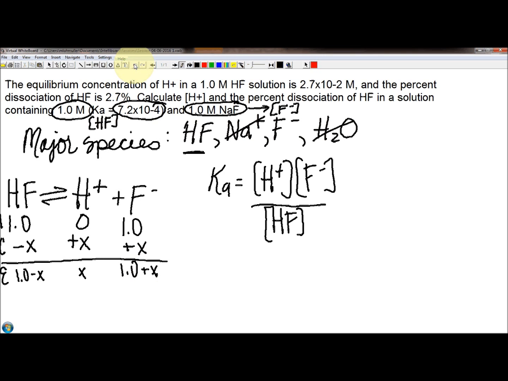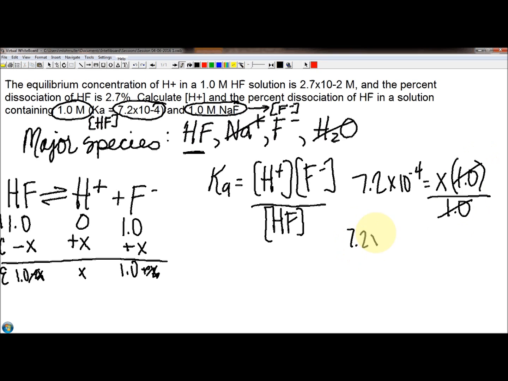Since our Ka is very small, we're going to just take off with our assumption. So we'll have 7.2 times 10 to the negative 4 equals X times 1.0 over 1.0, dropping the assumptions for now. So the 1.0's cancel out. That means 7.2 times 10 to the negative 4 molar is what X equals, and that is the concentration of the hydrogen ion.